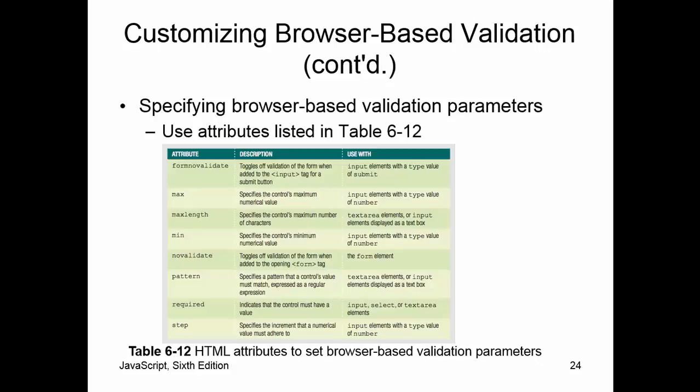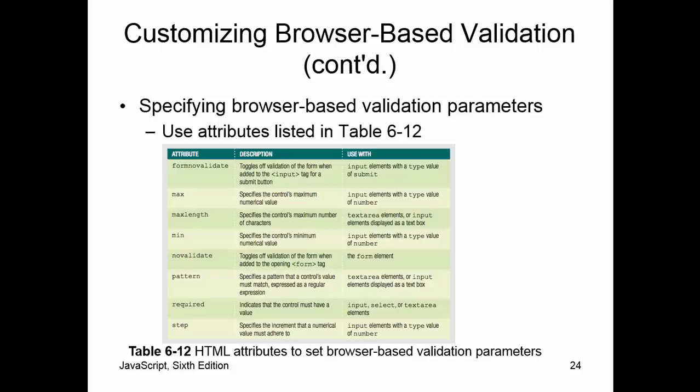If we look here at table 6.12, which is in your book up on page 394, we see some of the things that can be set. We've got formnovalidate, which toggles off validation of the form when added to an input tag for a submit button.